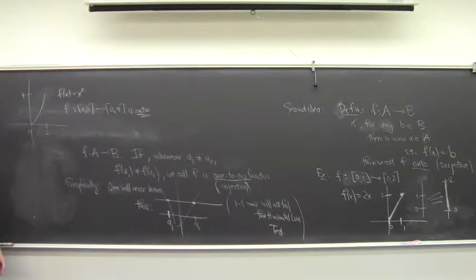Yeah. Isn't this like the intermediate value theorem? Not exactly. I mean, the intermediate value theorem is talking about the range of the function. It's basically saying that there are no holes in the range.